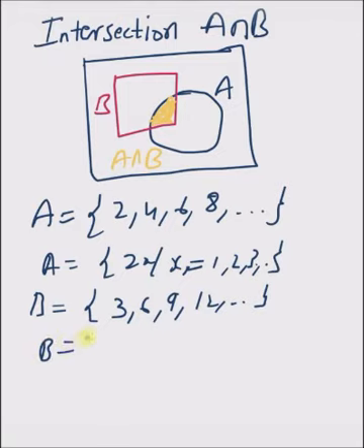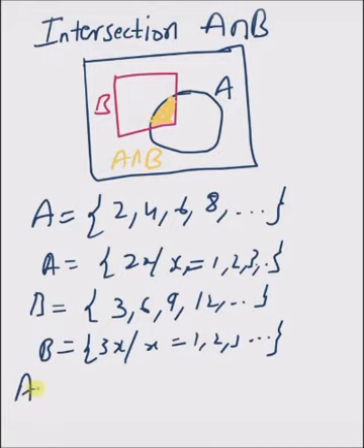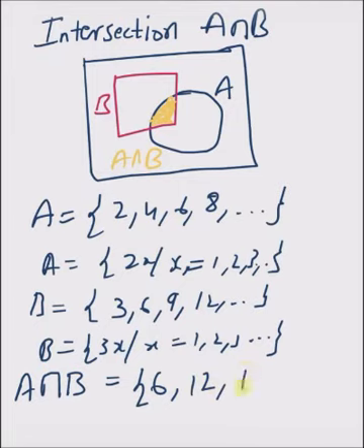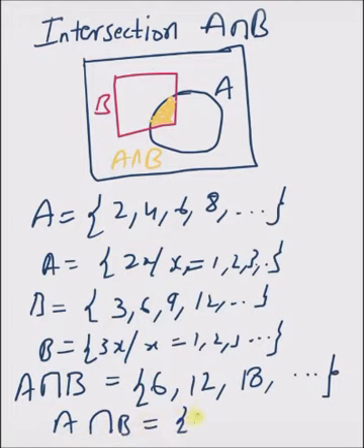That is, B is the set of 3x where x equals 1, 2, 3 and so on. So the set A intersection B consists of the common elements between A and B, that is 6, 12, 18 and so on. If you notice the elements in A intersection B, they are basically multiples of 6.